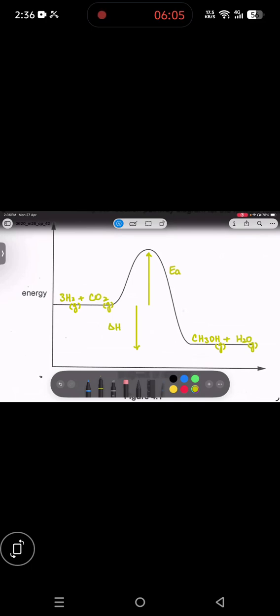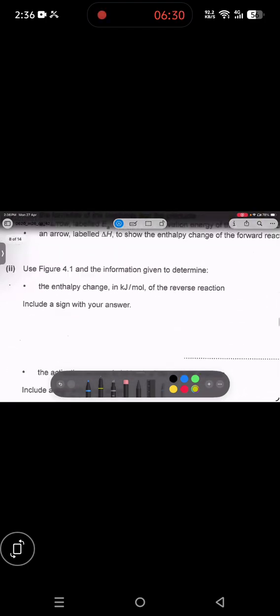For the exothermic, the arrow goes down, and for the endothermic, the arrow goes up. The diagram is complete here with all the information that was required.